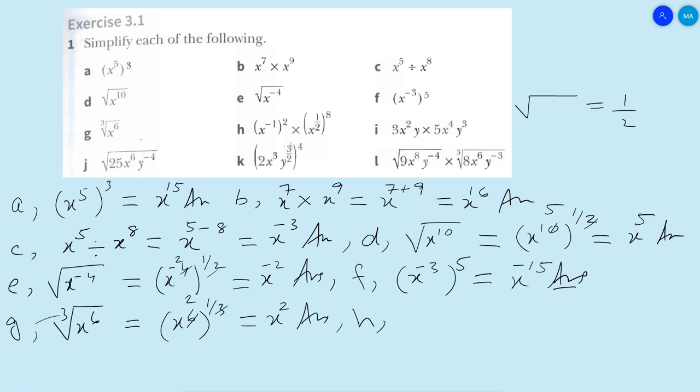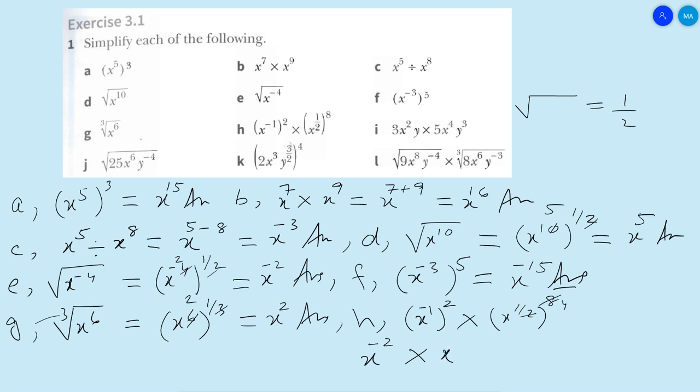Come to part H. Part H is x to the power minus 1 whole power 2 multiplied by x to the power 1 upon 2 whole power 8. Very easy. Power to the power is always multiplied: minus 1 into 2 is minus 2, and 1 upon 2 multiplied by 8, this cancels, 2 fours are 8.